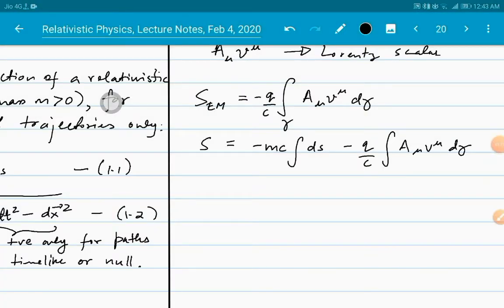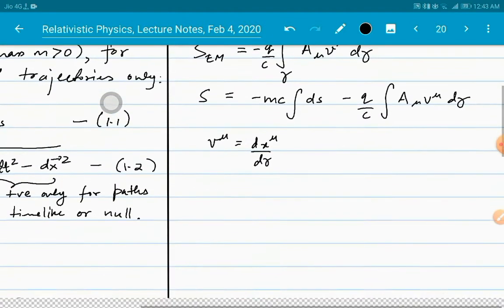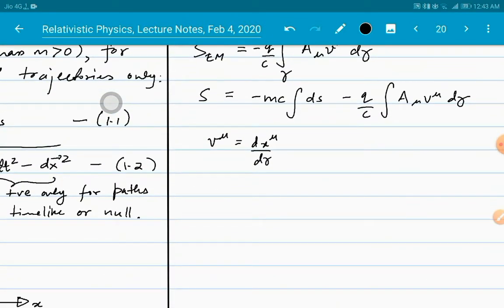Now the 4-vector, velocity 4-vector, can be written as dx mu by d gamma, where gamma is the quantity which parameterizes points on the world line of the particle, and so the electromagnetic action becomes minus q by c integral a mu dx mu by d gamma.